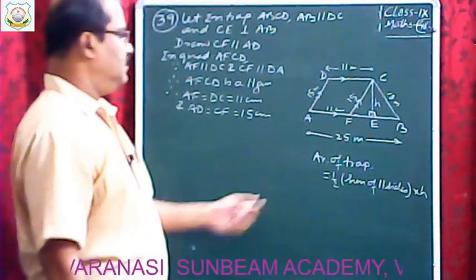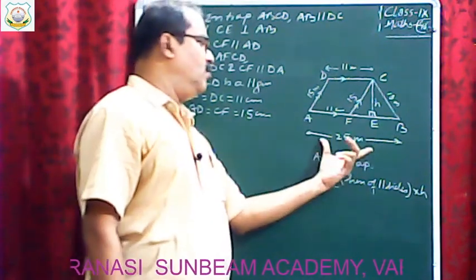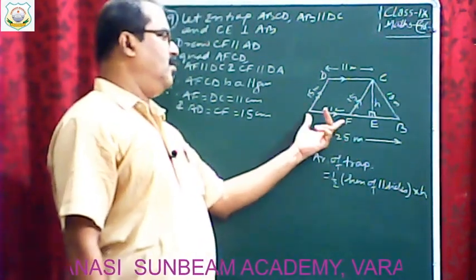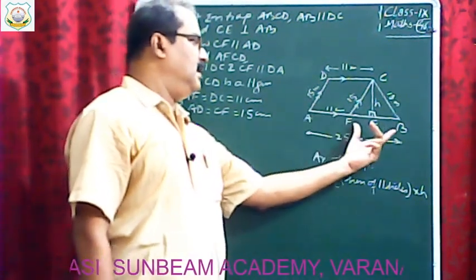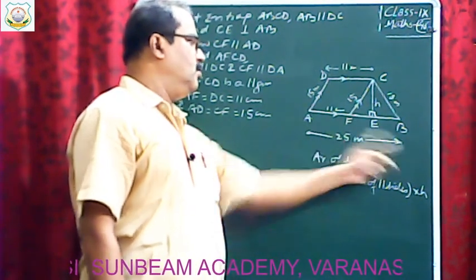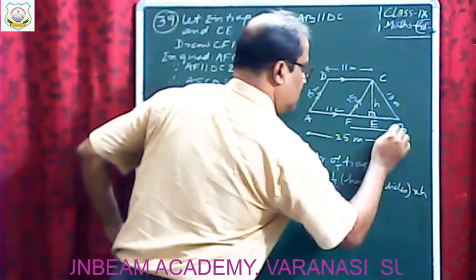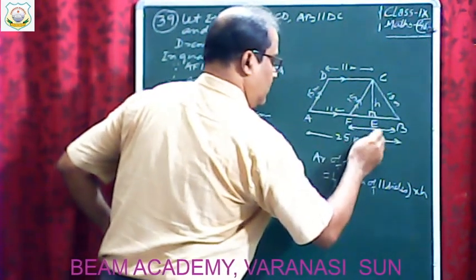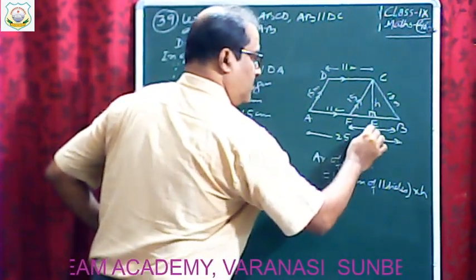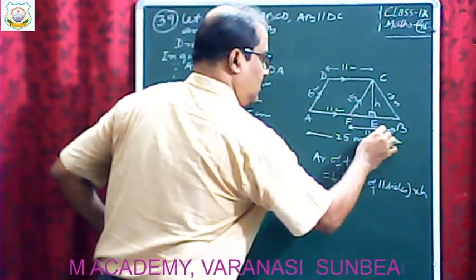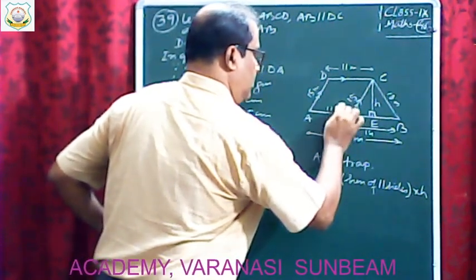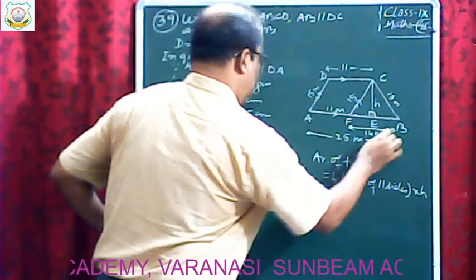Thereafter, we have AB equal to 25 meter, AF equal to 11 meter. Then FB equal to 25 minus 11, we have to subtract from 25, that is 14. All are in meter actually. 14 meter.